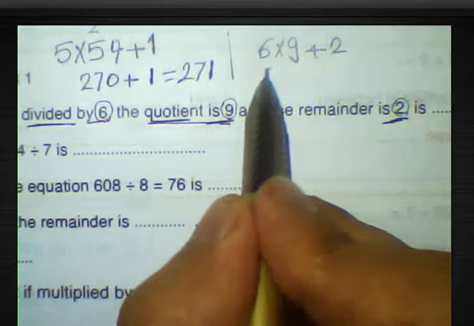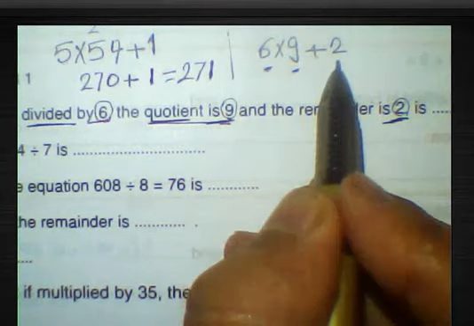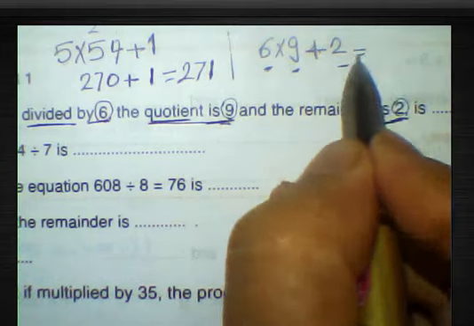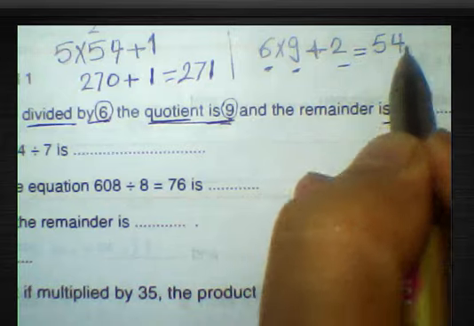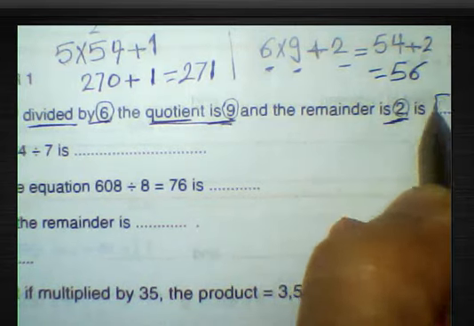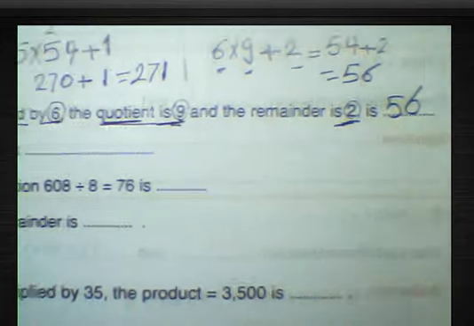The divisor multiplied by the quotient and then add the result to the remainder. 6 times 9 equals 54 plus 2 equals 56. The result will be 56. Okay.